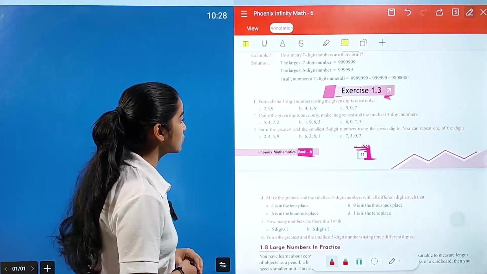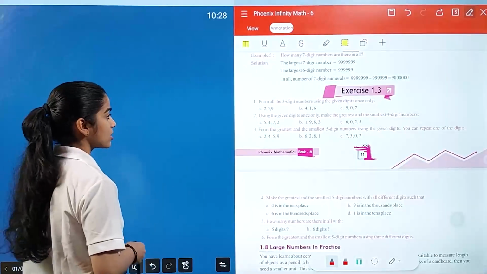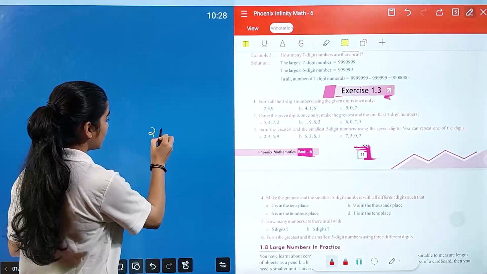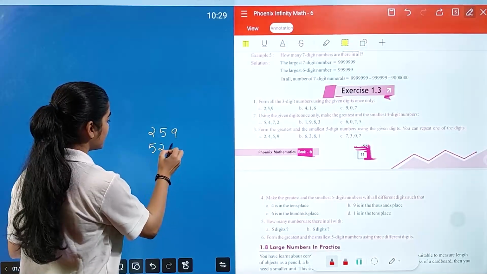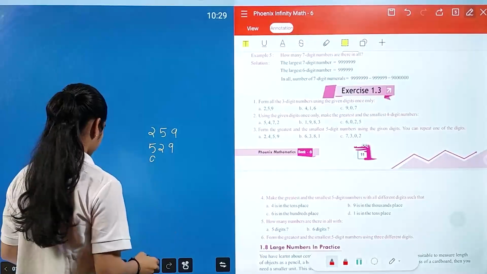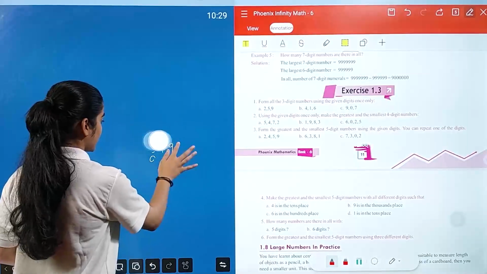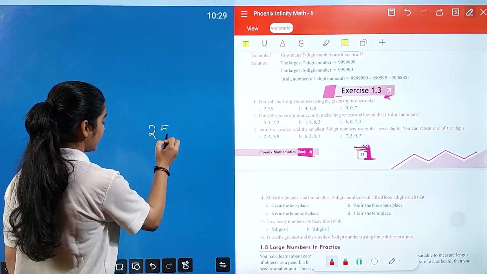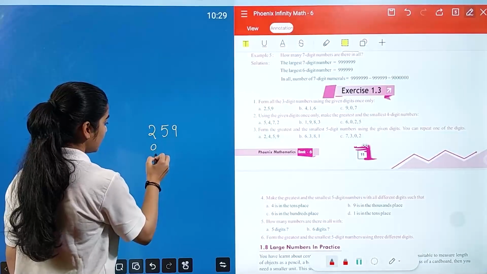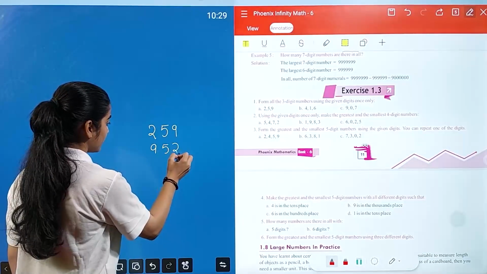Next, we have our exercise 1.3. Form all the 3-digit numbers using the given digits once only. So we have 2, 5, 9. Make it simple for you. First, we have 2, 5, 9. Then 9, 5, 2. Okay.